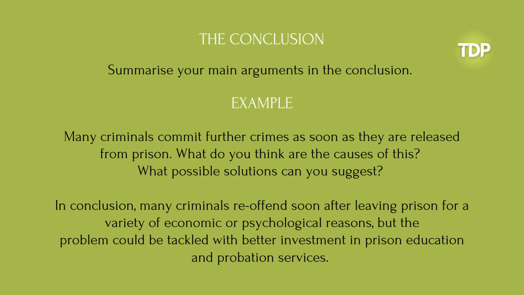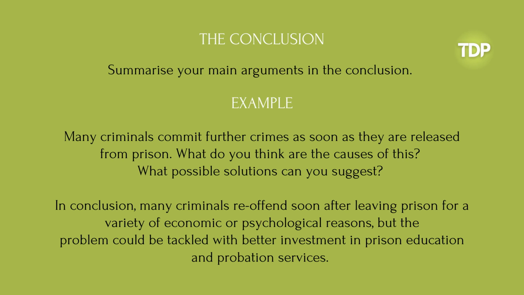So you can write like this: in conclusion, many criminals reoffend soon after leaving prison for a variety of economic or psychological reasons. But the problem could be tackled with better investment in prison education and probation services. So if you look at this answer, we understand why criminals try to commit further crimes.